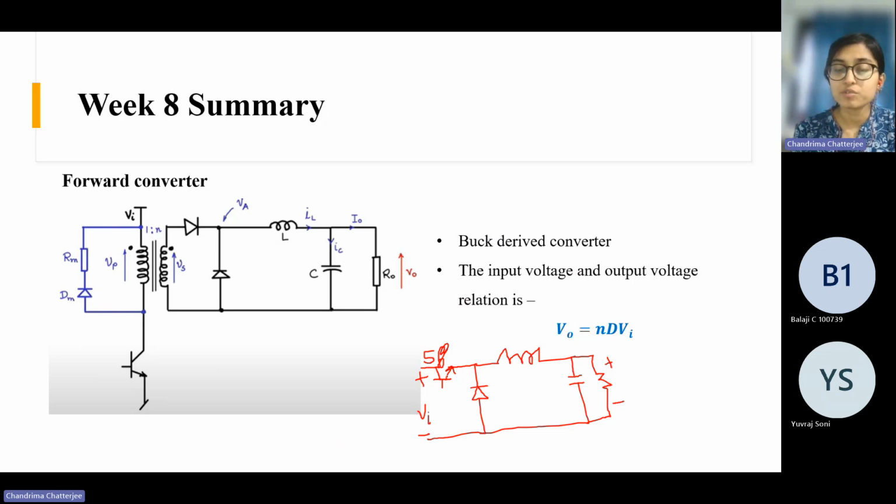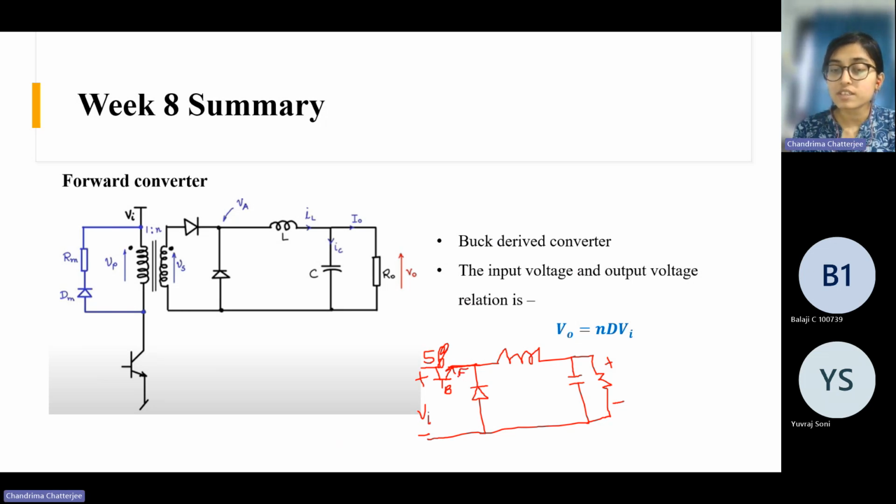Some devices are current controlled and some are voltage controlled, as we already studied. For the BJT, we provide some base current, and this is VBE.